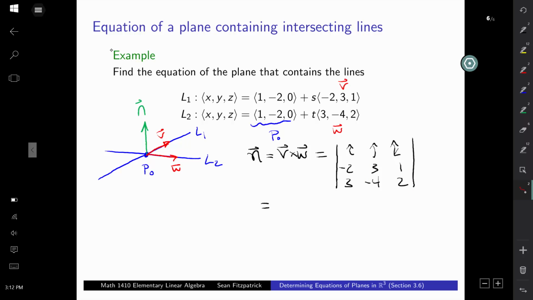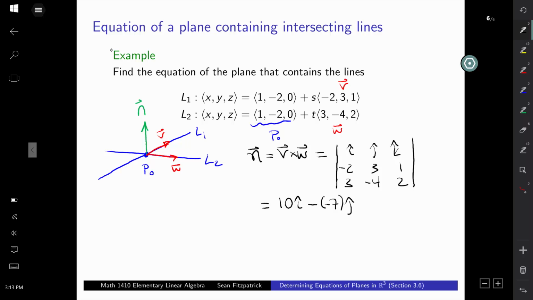Subtract -4. 6 subtract -4, that's 6 plus 4. Gives us 10i. Let's put that minus sign down right away for j so we don't forget it. And what do we have for j? We've got -2 times 2, that's -4, minus 3. So -7, so minus 7. That's going to come out to be a +7.